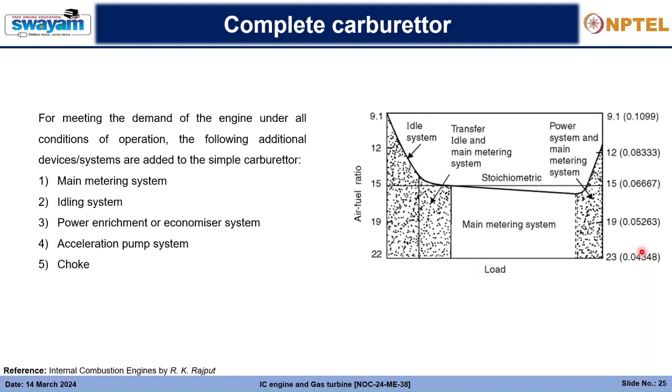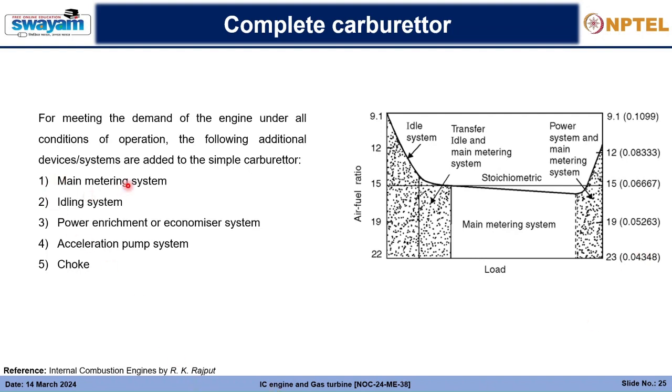The expected outcome from a complete carburetor is that it should meet the demand of the engine under all conditions of operation, and for that additional devices or systems are added to the simple carburetor.